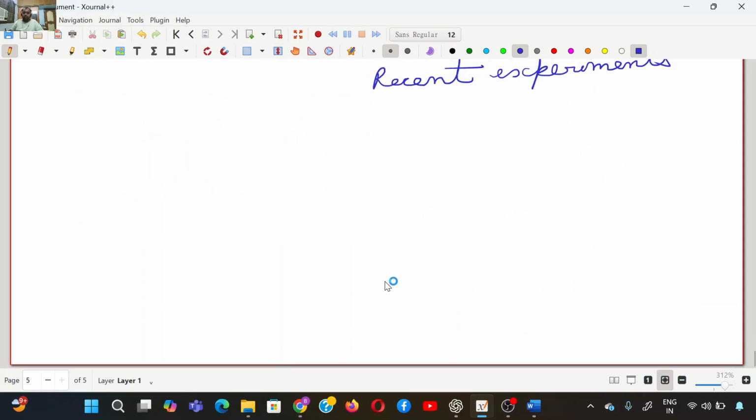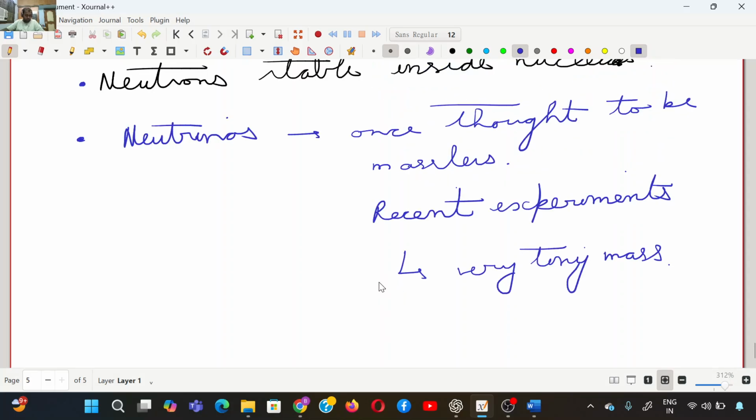Recent experiments show that it is not massless. So in my opinion, either you do the third option or the fourth option. Both should be correct. But the answer key last year had that it has no mass and no charge. That also I will tell you very clearly.